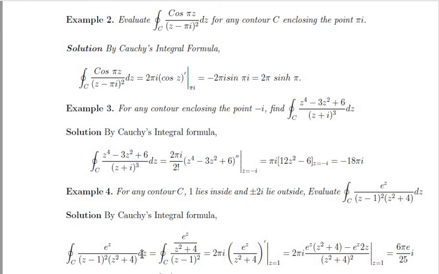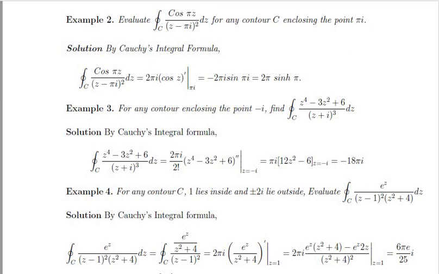That can be written as the integral over C of e raised to z by (z − 1) whole square into (z² + 4) dz, equal to the integral over C of e raised to z divided by (z² + 4), divided by (z − 1) whole square. Here f of z becomes e raised to z by (z² + 4).